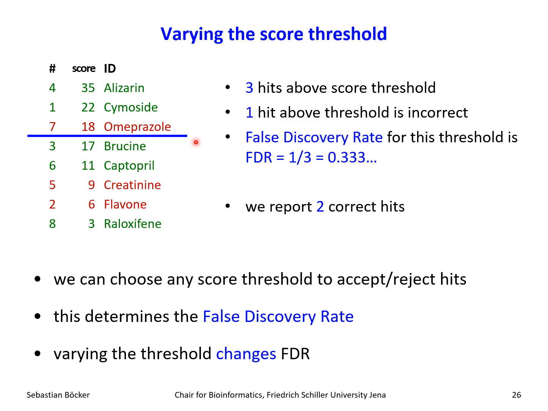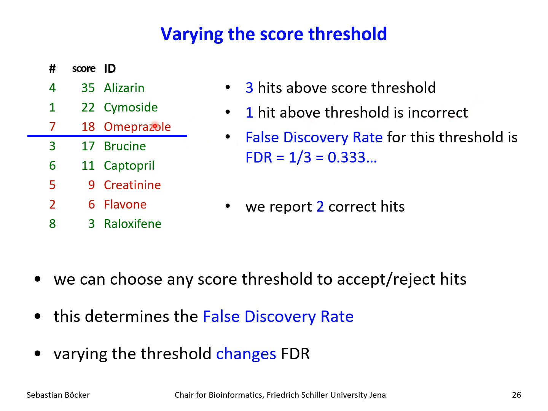So let's assume we have decided for a particular score threshold. The score threshold is not really important, but it's somewhere between here and here. Then we can calculate a false discovery rate. We simply count how many hits are above the score threshold. In our case, for this threshold, it's 3 hits. And how many of them are incorrect.